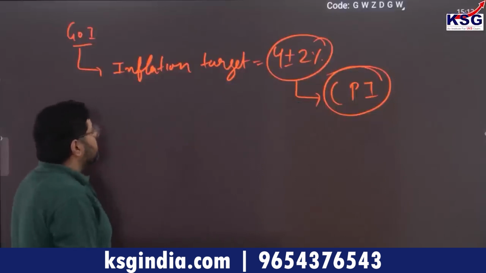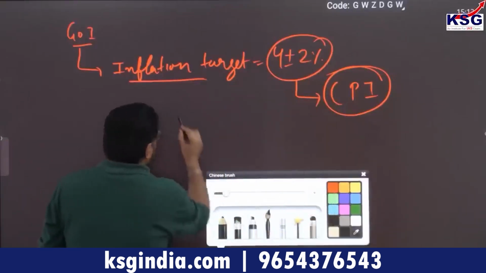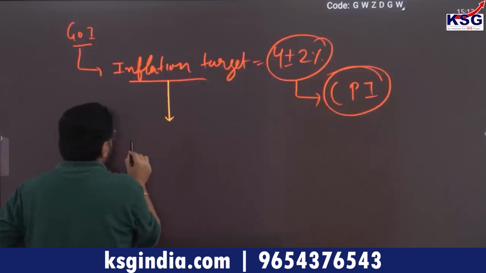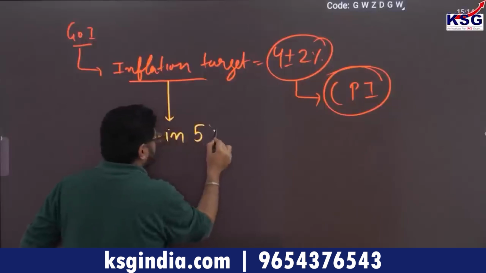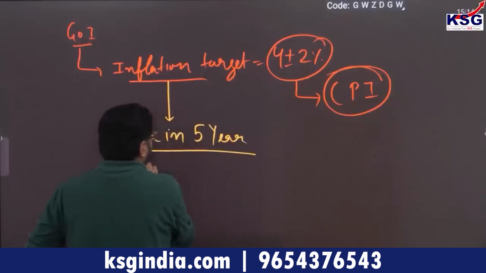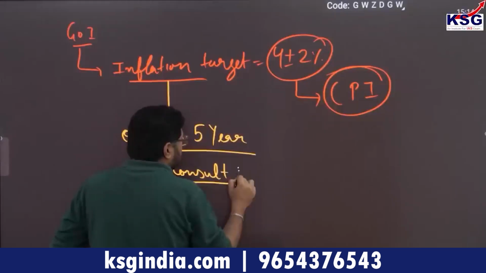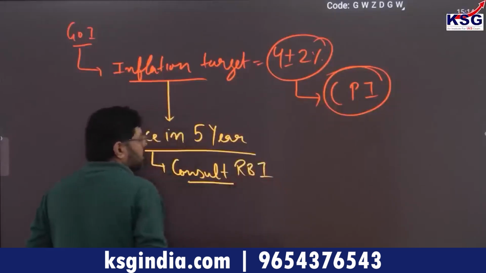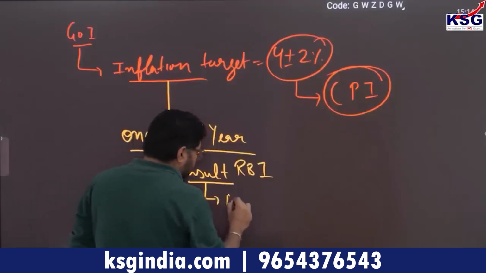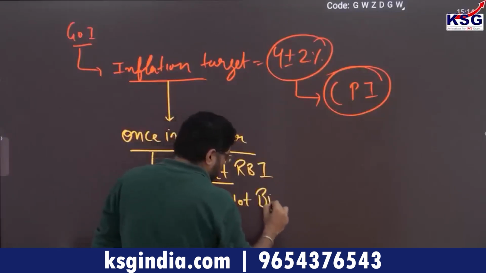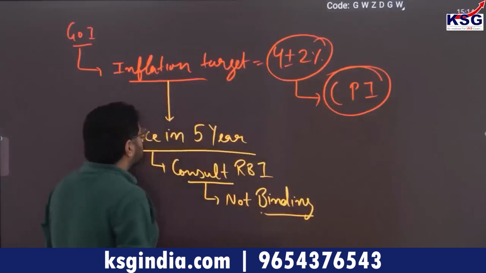This target is decided by the Government of India once in 5 years, and they can consult RBI while deciding the target, but such consultation is not binding. Clear? This is what you have to remember.